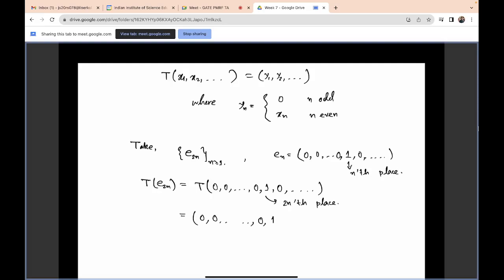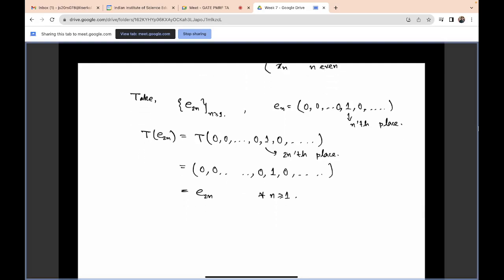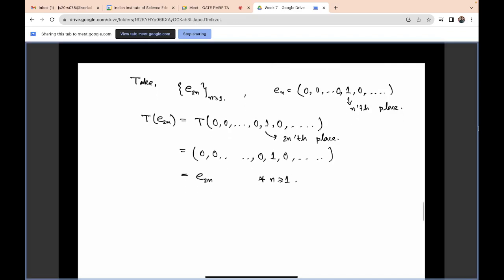Because 2n is even, it maps to 1 because it is xn, and the other even places are 0. So it will basically map to the same thing: T of E2n maps to E2n, for all n. And again what is the L2 norm of E2n? As earlier, this is again norm 1.